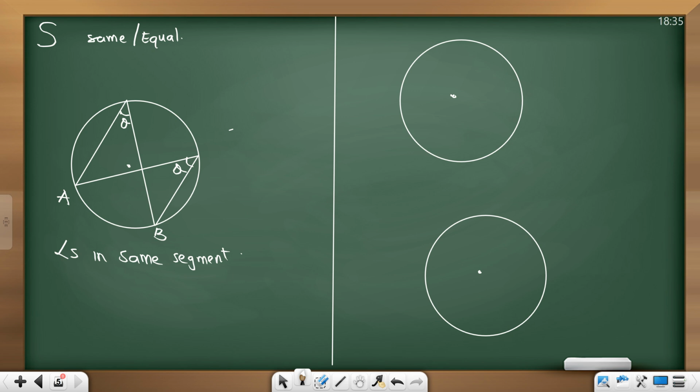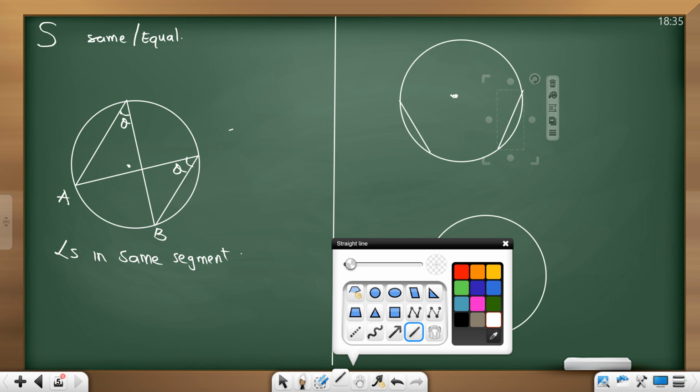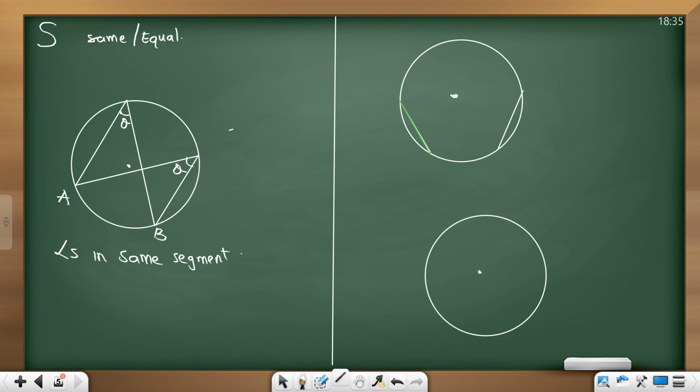What are the variations? Because we're using the word same or equal. So I'm going to have 2 different chords.